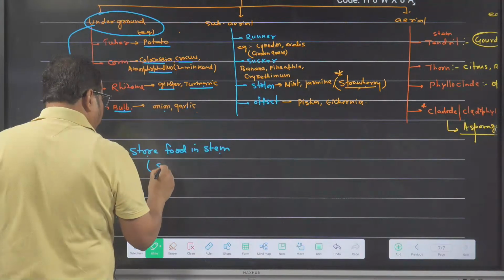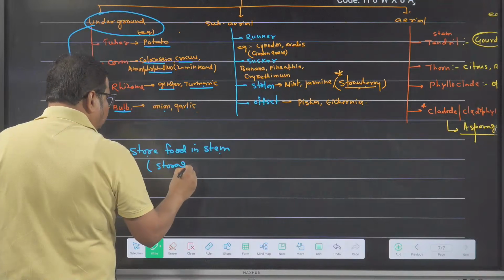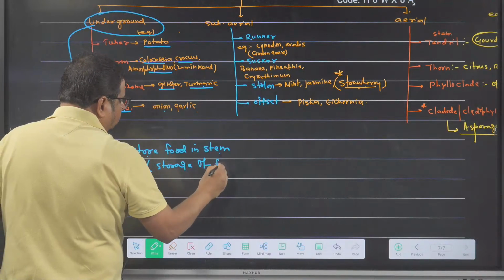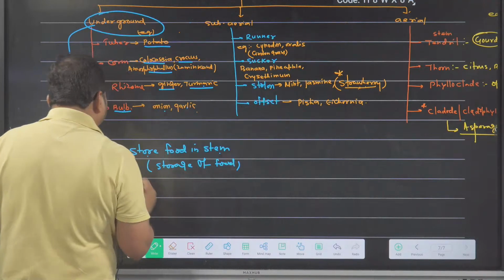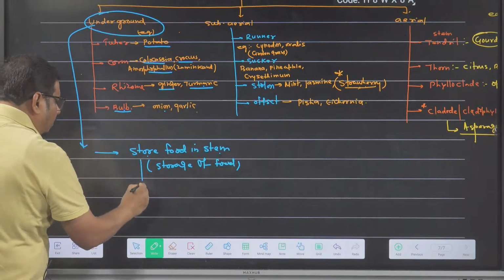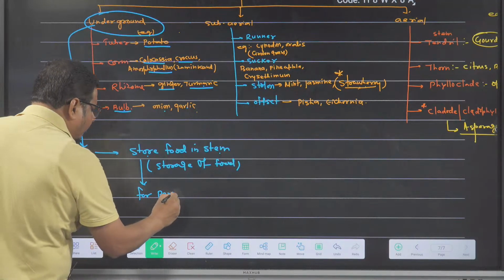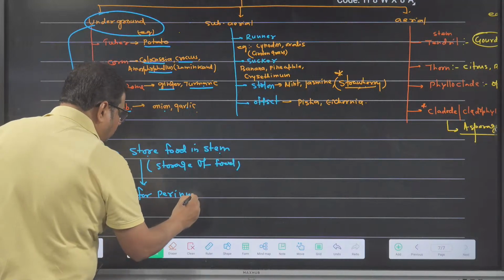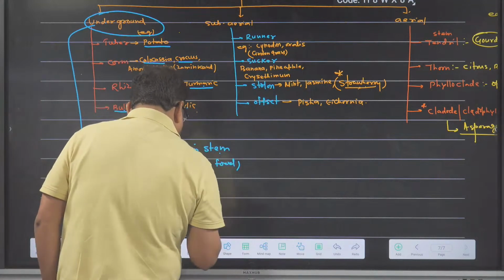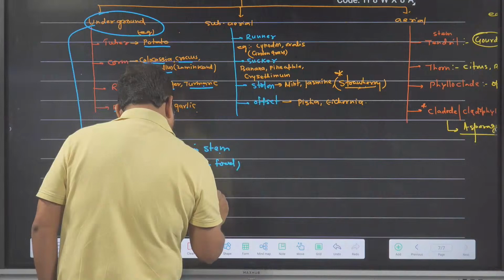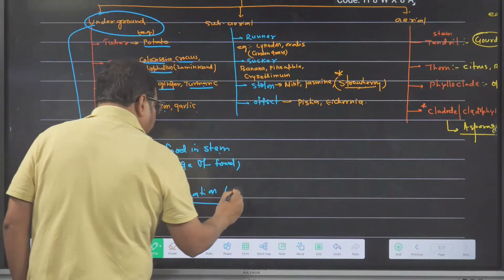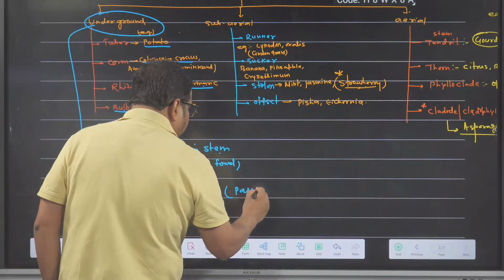That is storage of food. And now the question arises, why are they storing the food? The purpose of storage of food is perennation. What is this perennation? Passing through the unfavorable condition.